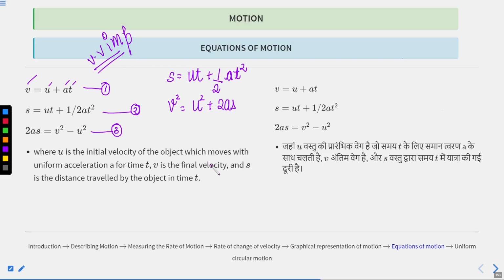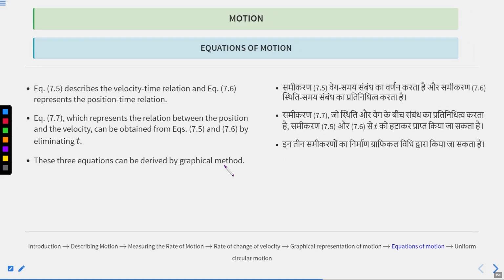Now let's move further. We will try to derive it. Equation number first, which is v equals u plus at, takes the use of velocity time curve to calculate acceleration. Equation number 2, which is s equals ut plus half at square, came out from the position time relation, the s-t graph.